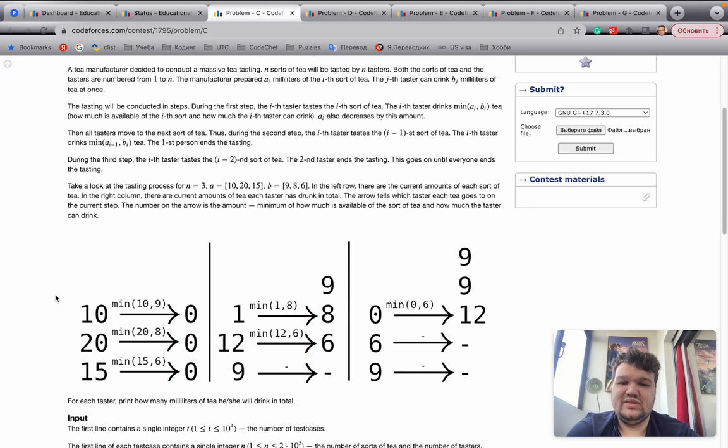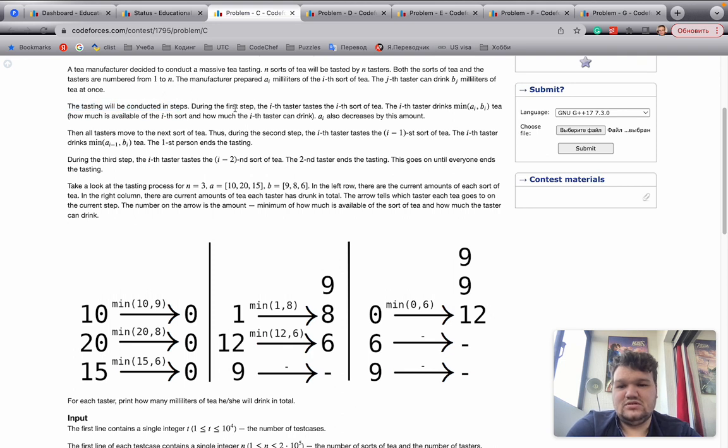Problem C. We have n sorts of tea and n tasters. For each sort of tea we know the volume of that sort of tea, it's A_i, and for each taster we know how much they can drink. Tasting will be conducted in steps.